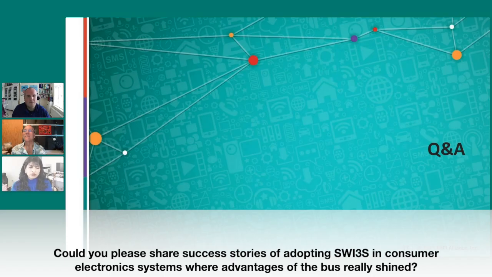So there is a lot of movement and uptake there. And some of those folks will start announcing their devices soon, so stay tuned and see what's available. IPs are available for SWI3S, which was announced from RSM. They have both manager and peripheral IPs. And similarly, other member companies have been working on IPs and specific SWI3S devices. If you want more information, you can either reach the MIPI marketing team, or you can join the MIPI audio working group and see the players there, and reach out to them. I hope that answers.